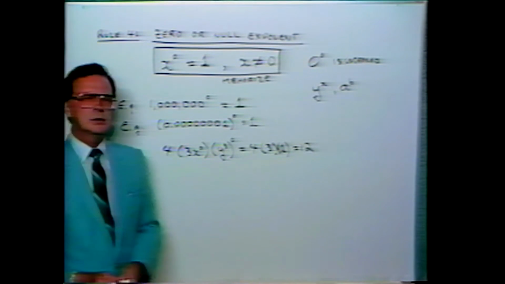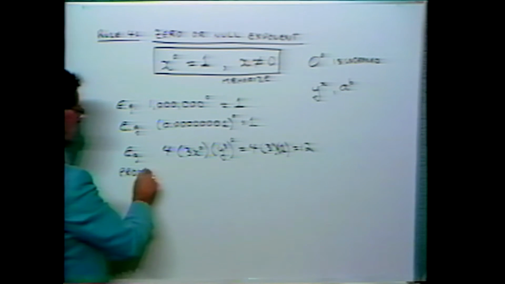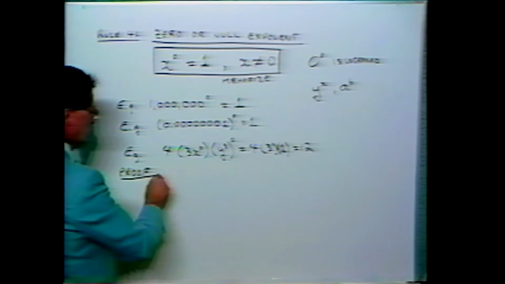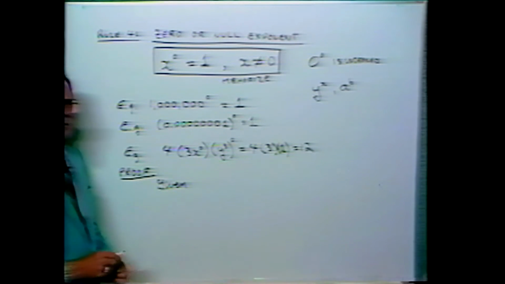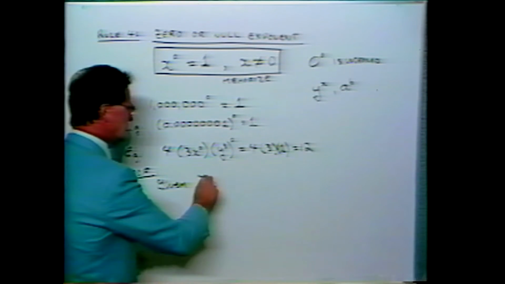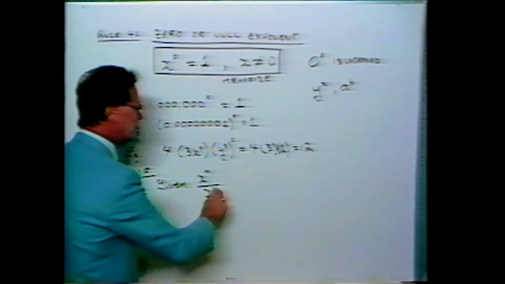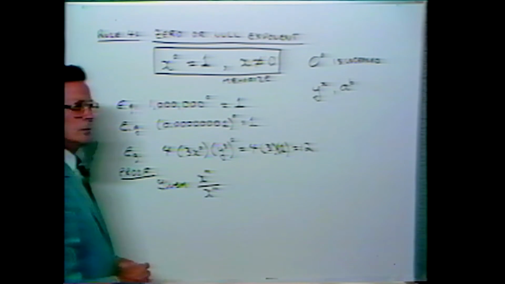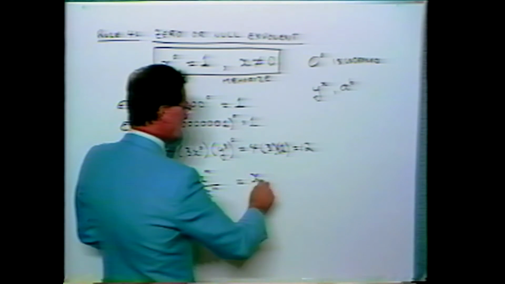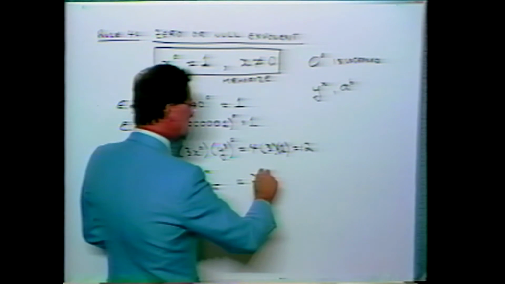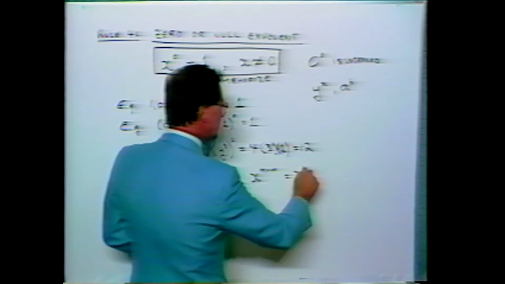The proof of this rule is fairly simple. Given x to the m divided by x to the m again, by the rule of division of powers, that is equal to x to the m subtract m, which in turn is x to the 0.